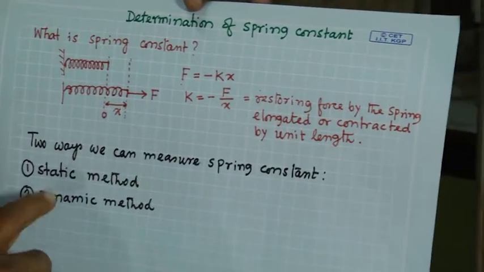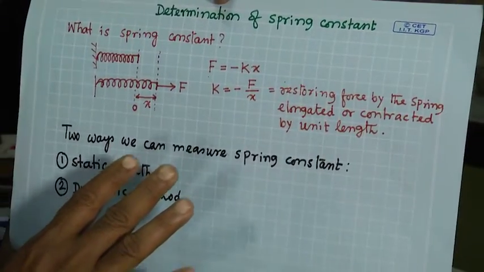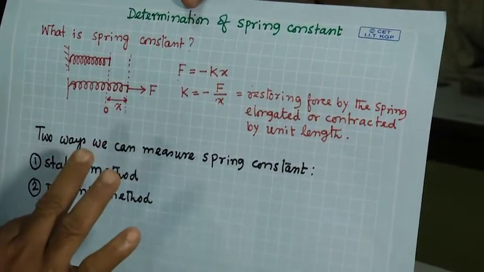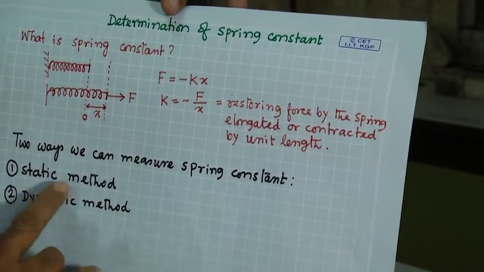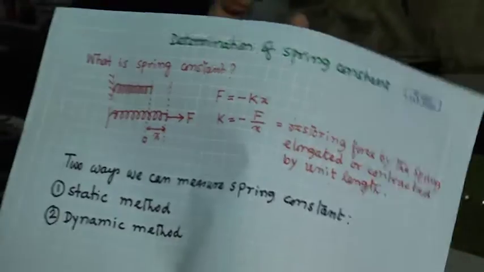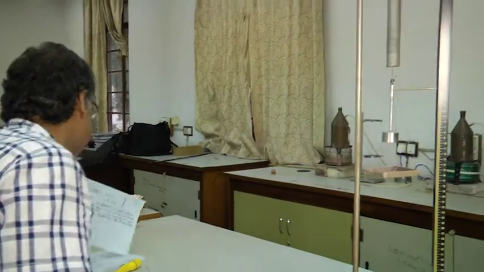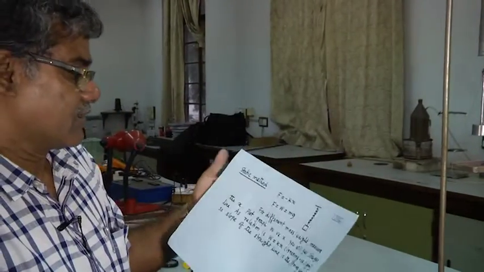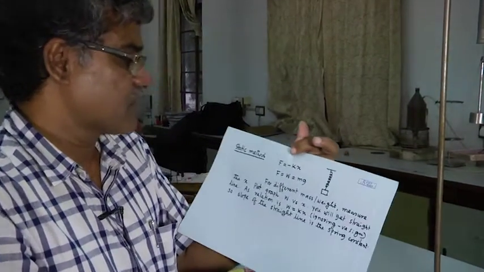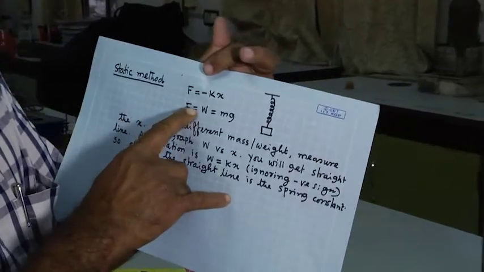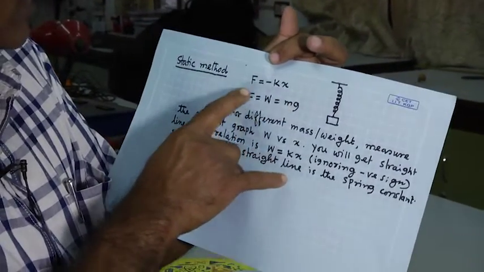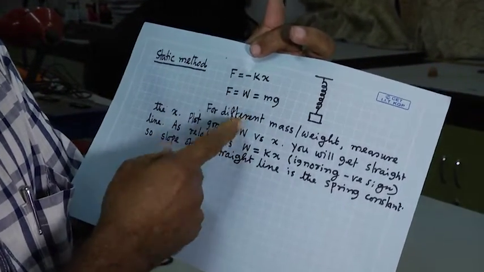We can measure this spring constant in two ways, the static method and the dynamic method. Let us discuss the static method. Our force equation is F equals minus kx, and I will ignore the minus sign.